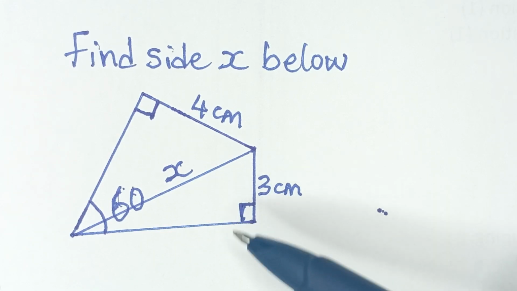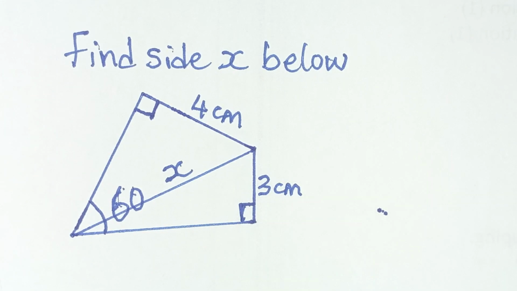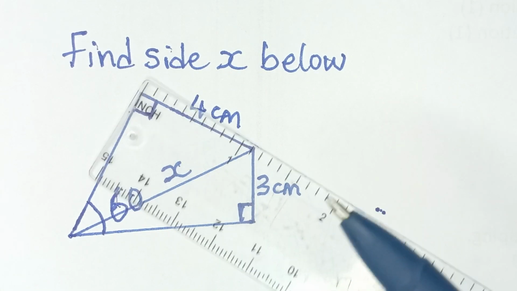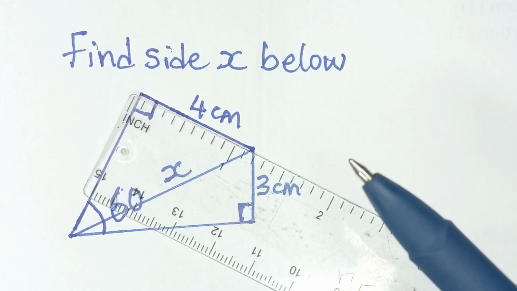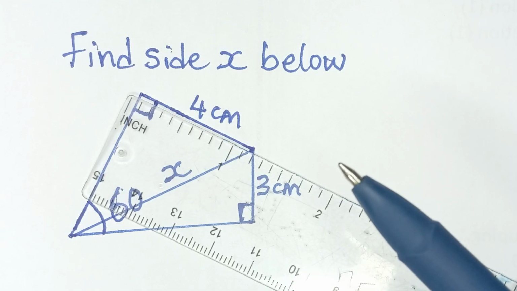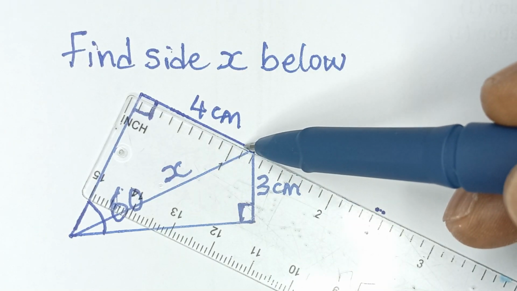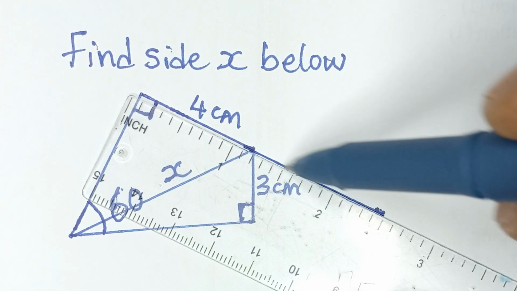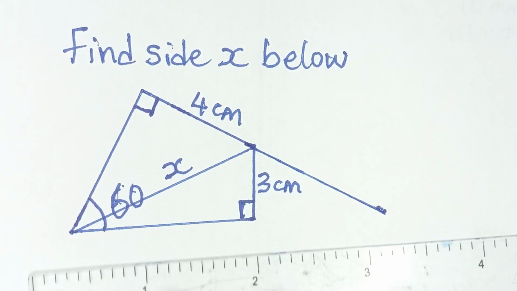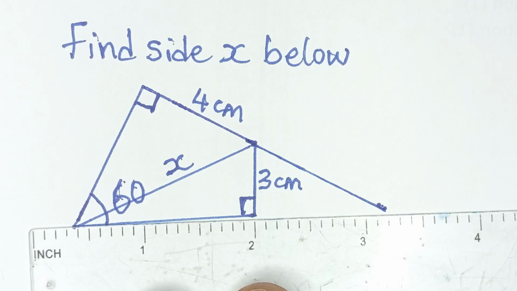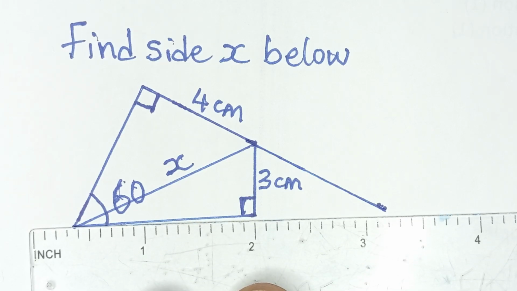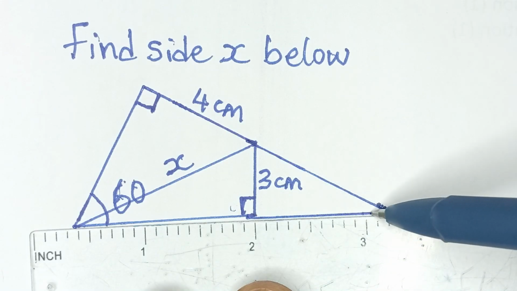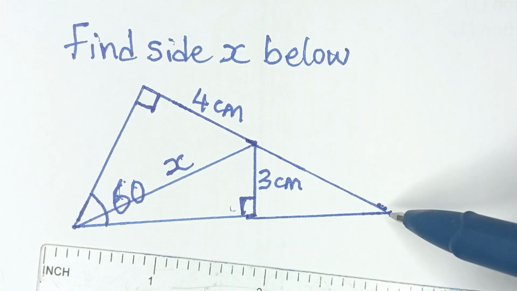So for us to handle this appropriately, we need to make an additional sketch to this shape. For this to be easy for us to understand, I'll sketch this line here and then also sketch the line here, so that we can have a triangle that will be easy for us to see.